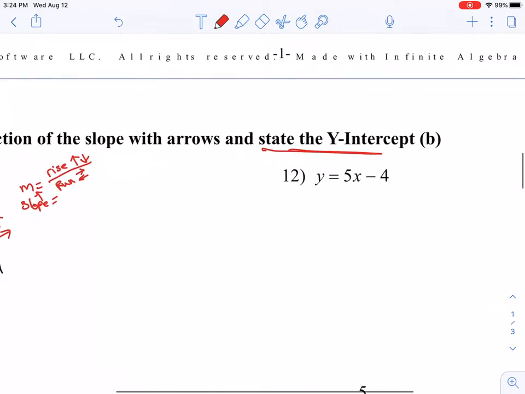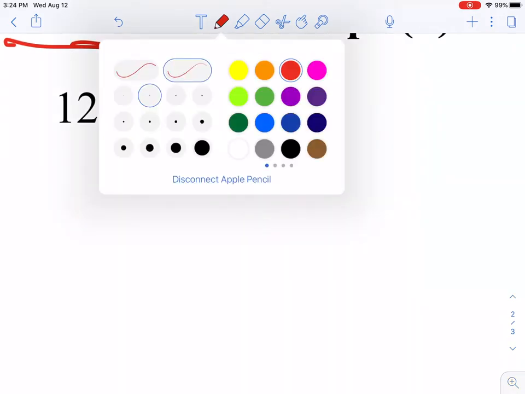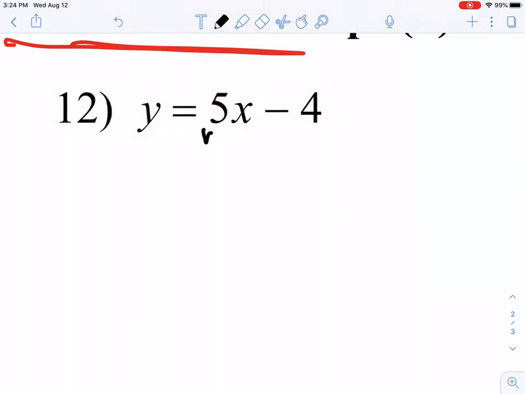Let's take a look at number 12 and we'll continue working on this. So again, y equals mx plus b. My m and my b are right here. So my m equals 5, and I'm going to write it as a fraction so that I have both a rise and a run. My b is negative 4.